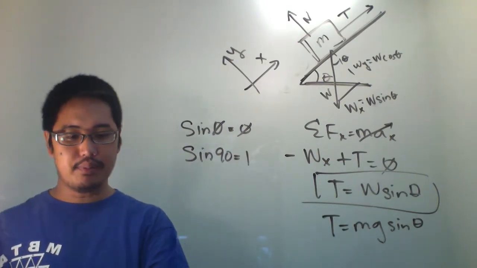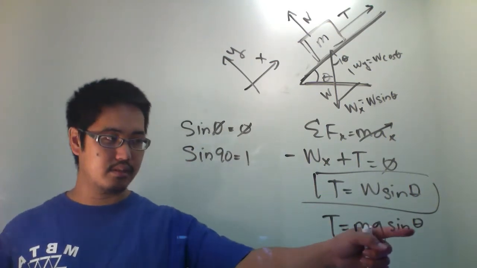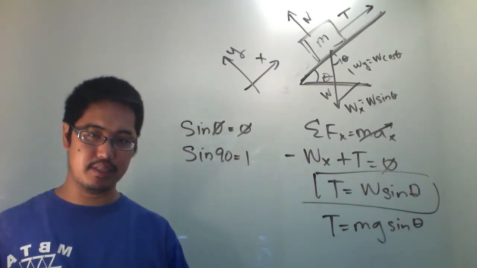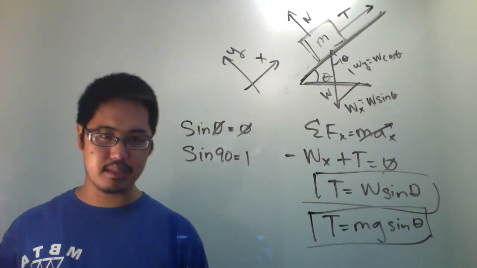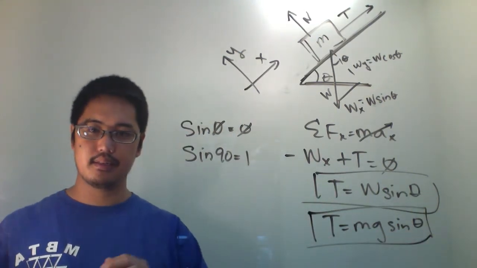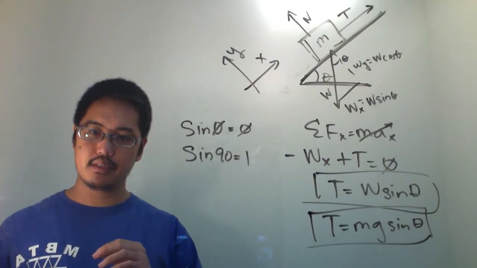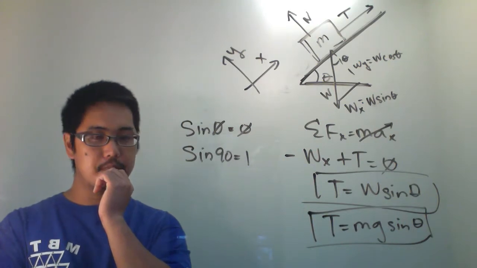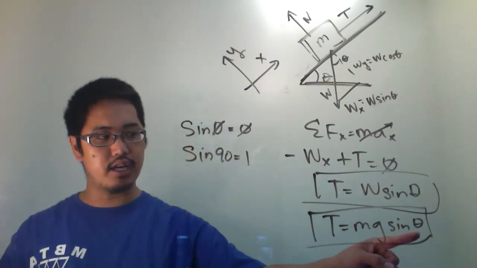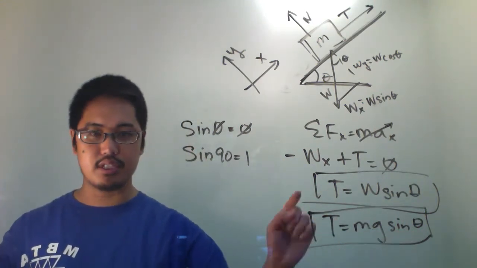Okay, if I plug in 0 degrees into here, what is my tension going to be? Looking at this equation mathematically, if I plug in 0 for theta, that would make sine of 0 equal 0.